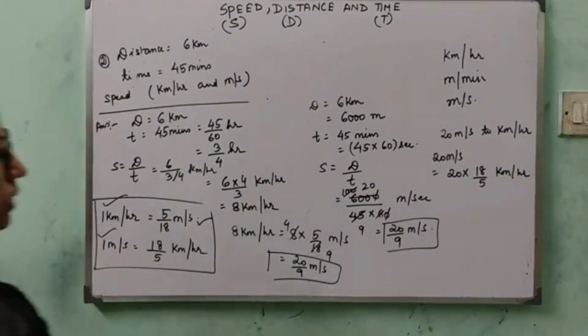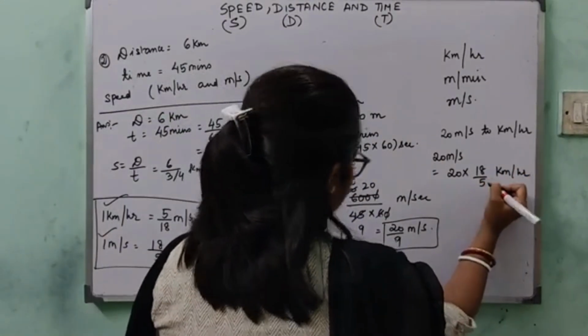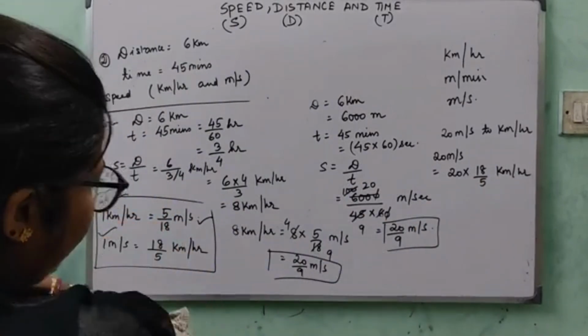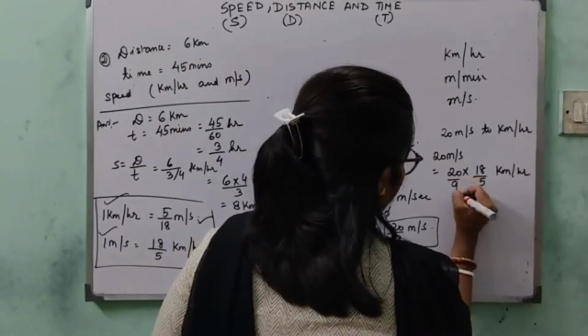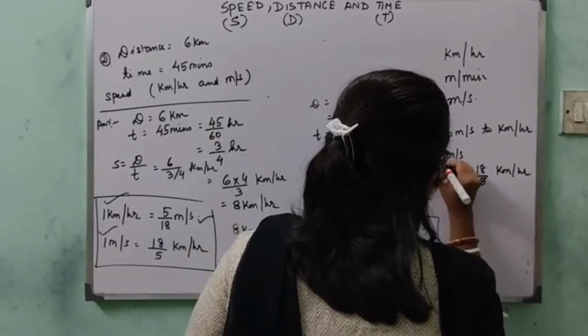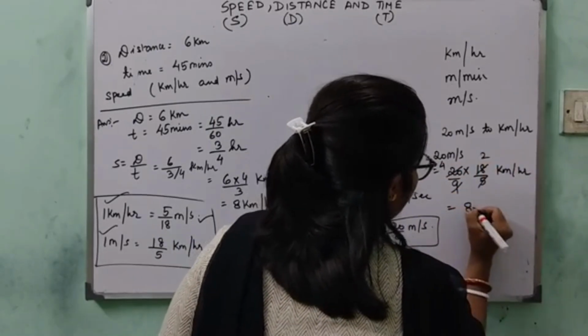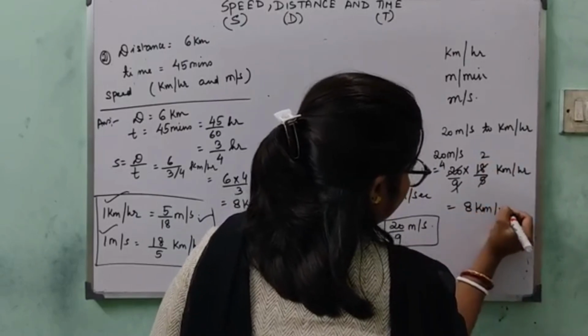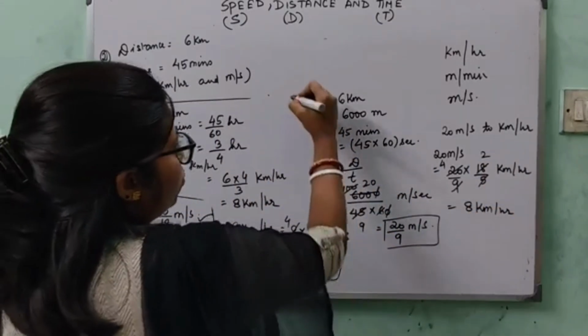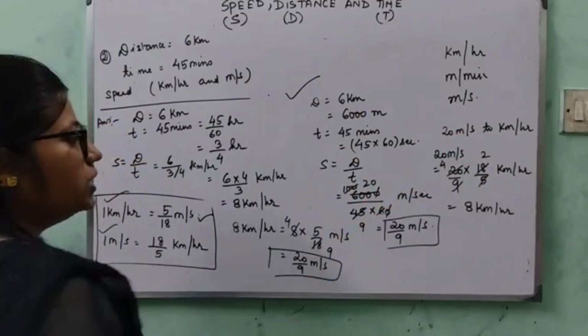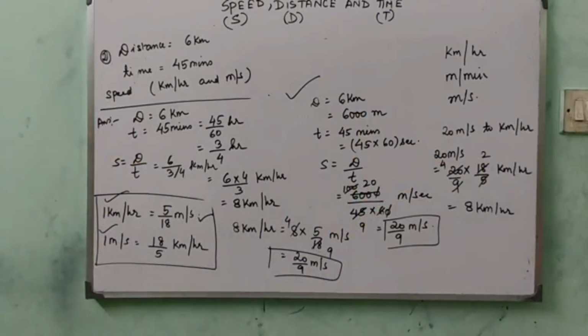So this is 4s, this is 2s, 4 2s are 8 kilometer per hour. So you could also do this first and use the conversion, and then reach kilometer per hour, or any one of the ways you can take up.